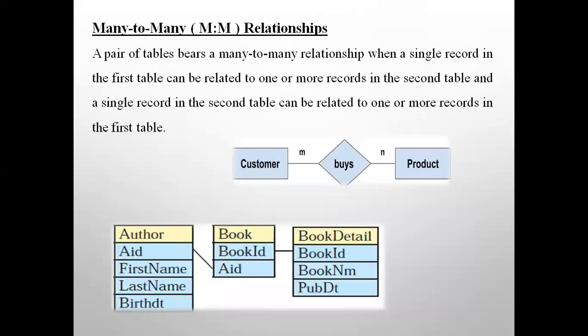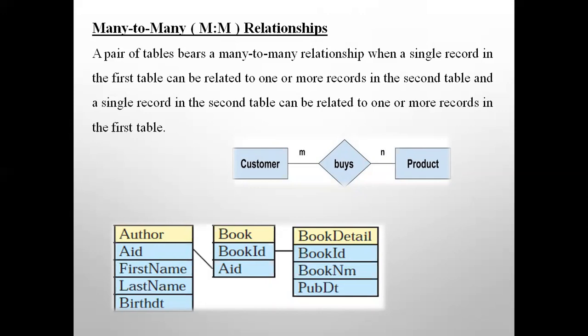Next is many-to-many relationships. This is a complex relationship in which many records in a table can link to many records in another table. A many-to-many relationship could be thought of as two one-to-many relationships linked by an intermediate table.